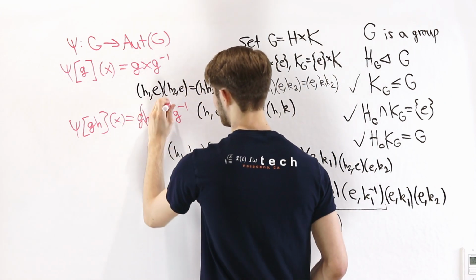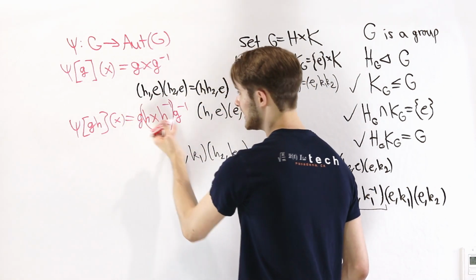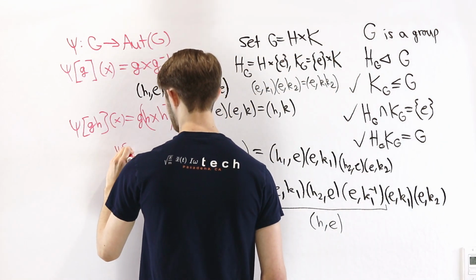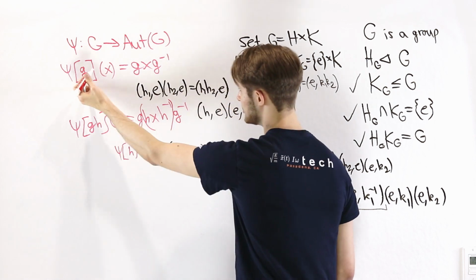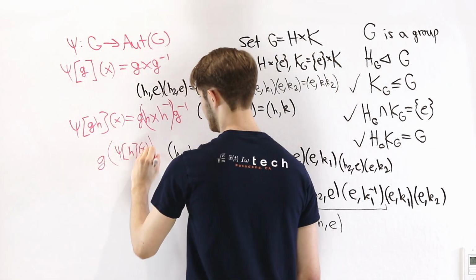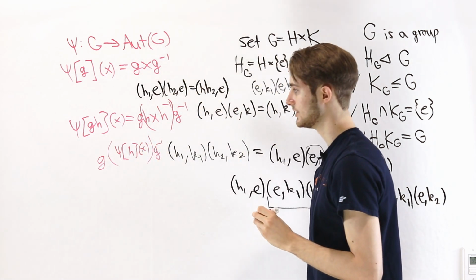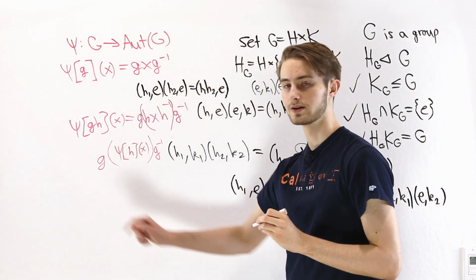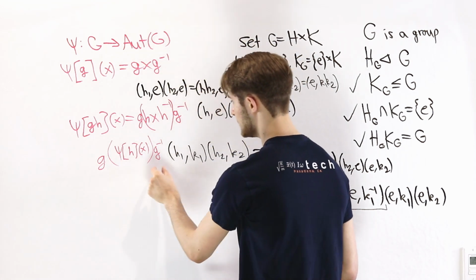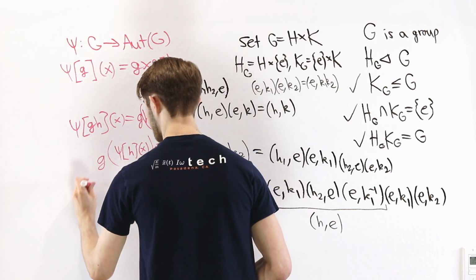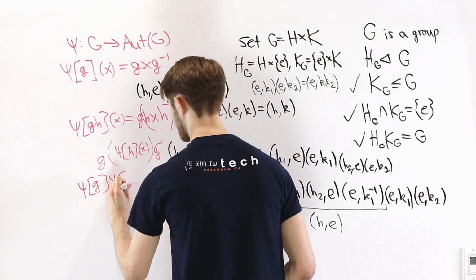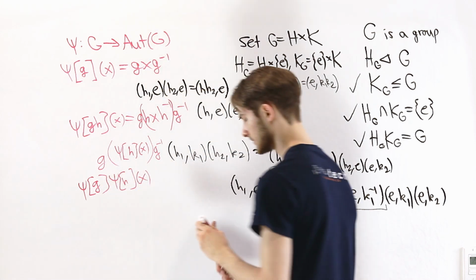On the inside, H X H inverse is the same thing as psi of H applied to X. It's the conjugation map with H. And we're doing G times this group element times G inverse. This is again the conjugation map. So we can describe G times something in here times G inverse as psi of G applied to the inside here, psi of H of X.